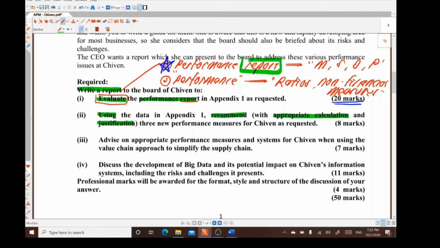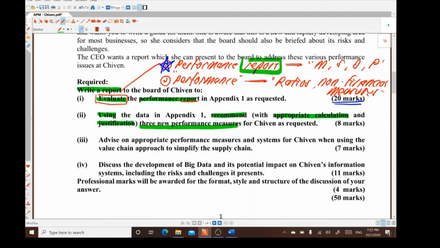Remember, as we have discussed earlier, class, particularly for a Section A exam question, whenever you see any form of calculations, they have to be prepared or produced in the appendix. And that's what we get to see. Of course, they are here looking at 3 new performance measures for Shivan as requested. So we have part number 1 and number 2.